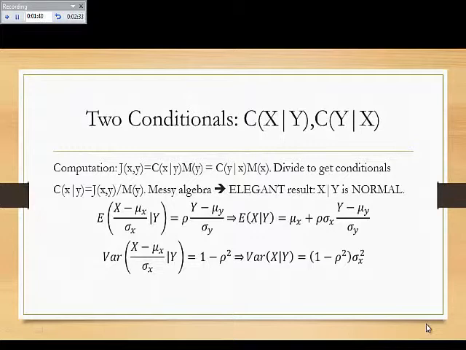Again there is lots of messy algebra, but the result is very nice and elegant: both of these densities, the conditional density of x given y and the conditional density of y given x, are normal densities, and there is a very nice way to express this result. Basically, if you standardize things, then the results are nice.